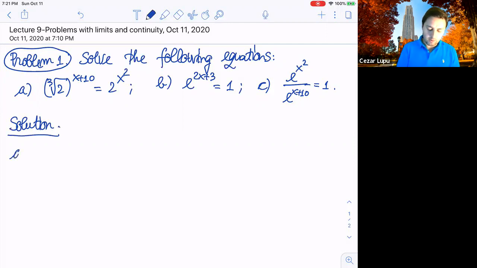All right, so let's look at the first one. You have the cube root of 2 here, and here you have a 2. So you want to make the left-hand side look similar to the right-hand side.